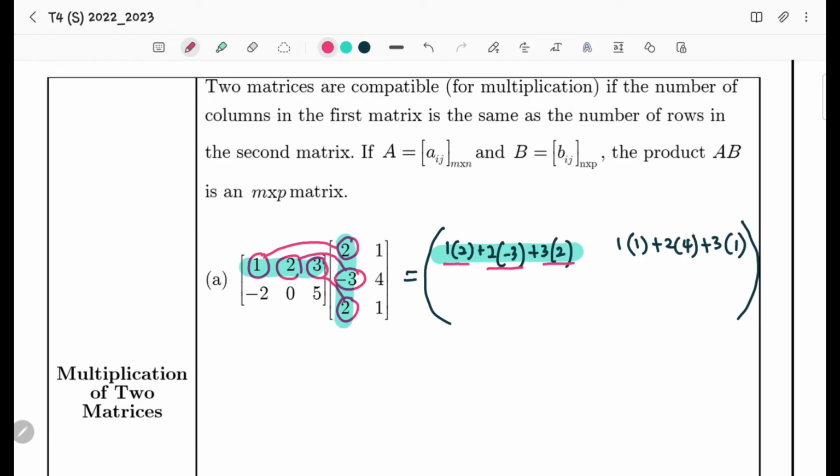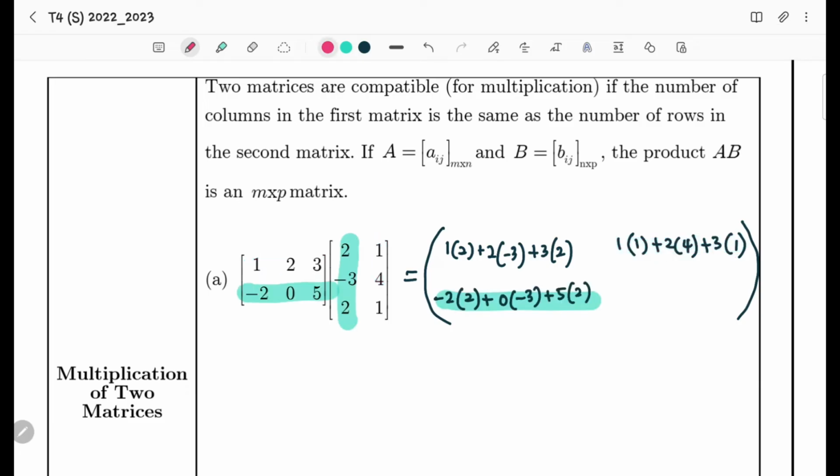So do the same for the rest. So multiply the first row and the second column. Okay, so the first row, 1 times 1 and then 2 times 4 plus 3 times 1.